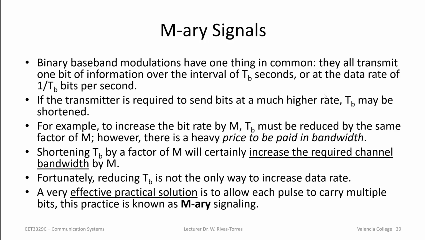So if you want to increase your bit rate by a factor M, that means you reduce your bit time by the same factor M. However, nothing comes for free in this business. The price that you pay is you need more bandwidth. The faster you want to go with shorter bit times, the more bandwidth you need, and bandwidth can be at a premium.